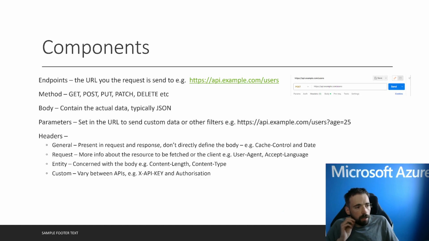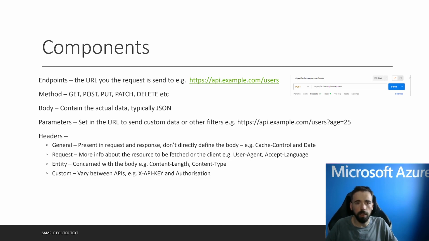So then we'll just take a look at the components that make up an API request. The first one and the most important one is the endpoint that we're using. This is typically the URL to begin with, and then possibly a path after that. This path can go deeper and deeper in different scenarios.